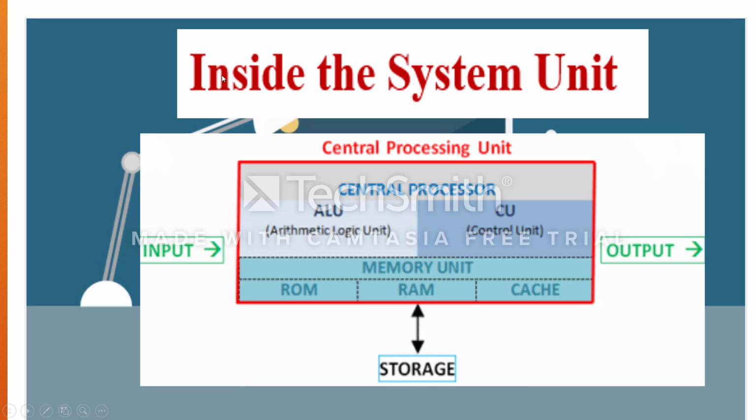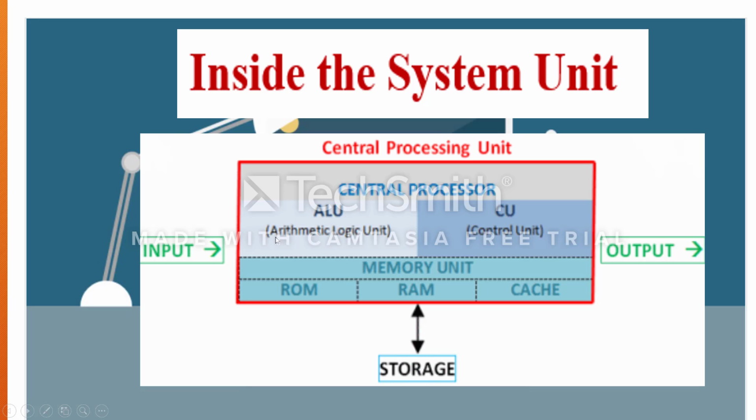Now children, the next topic is inside the system unit. Inside our computer system we have different parts. Among them, the most important part is the central processing unit. We have the input, the output, and at the center the central processing unit, which has two main parts.